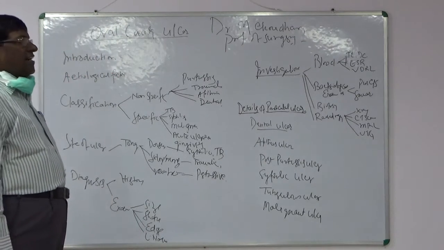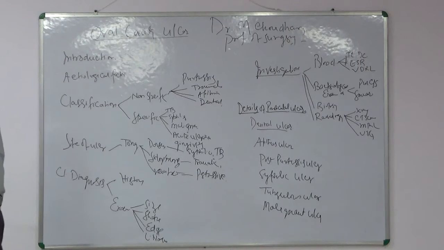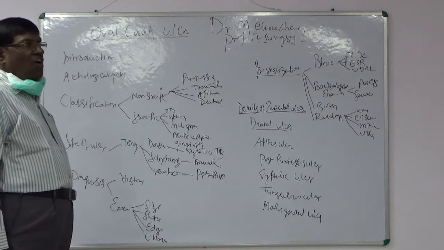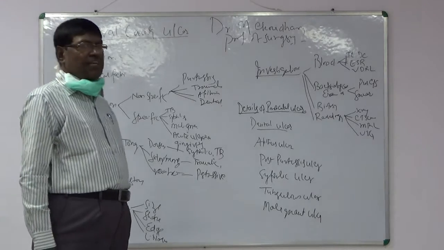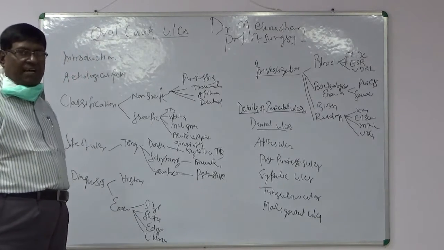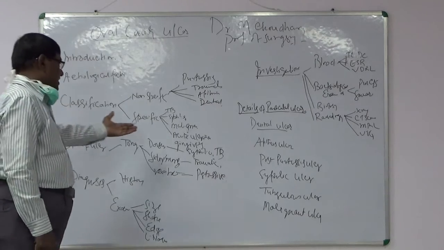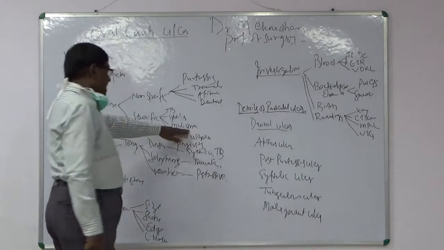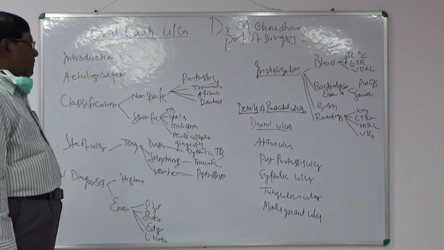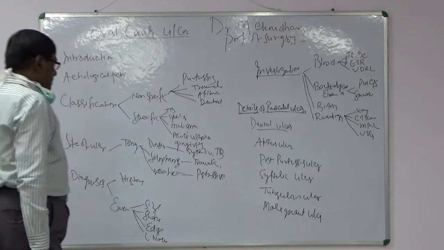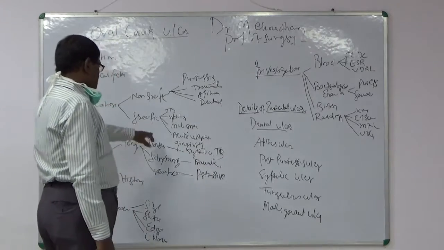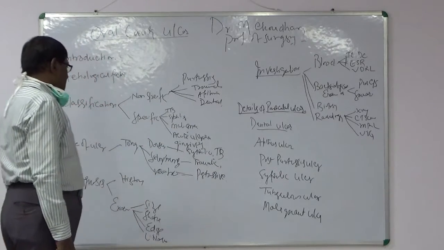Repeated attacks of other types of ulcer, chronic ulcers, or traumatic ulcer, with long periods of irritation of the mucosa of the buccal cavity by sharp teeth or by dentures for a long time, may convert it into a malignant ulcer, and this malignant ulcer is a very serious condition of the buccal cavity.